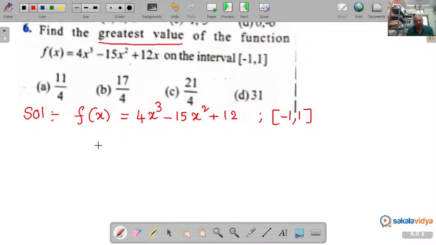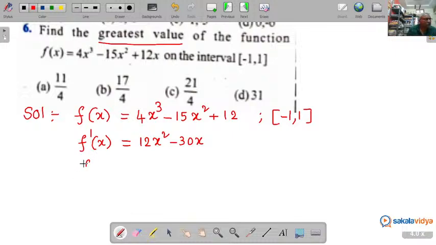For greatest value or least value, we need to differentiate it. First, let us find out f dash x. So, derivative of x cube is 3x square. This becomes 12x square minus 30x. F double dash x is not required.